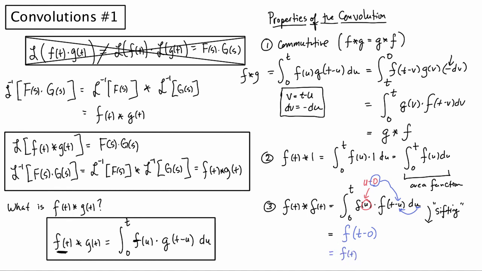And so what we see here is that the delta function has the property that f of t convolved with the delta function is just f of t back. That's actually a huge property. It enables us to do so many things theoretically with the delta function. So the delta function here is called the identity function for the convolution.